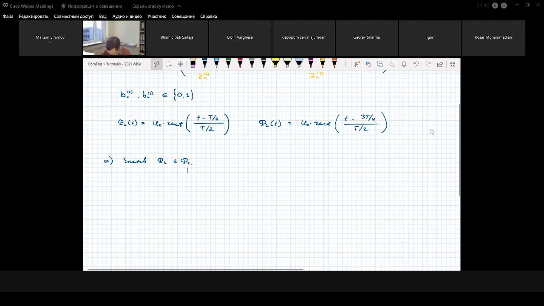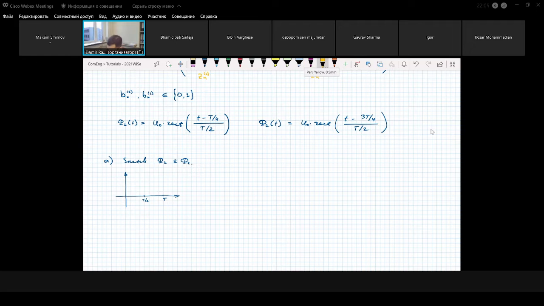Okay, it's a simple task because we have just rectangular shape functions. So I specify the symbol duration capital T, and half of this interval, T over 2. And we see that the first basis function, no, sorry, it's not a basis function, it's a pulse shape function.